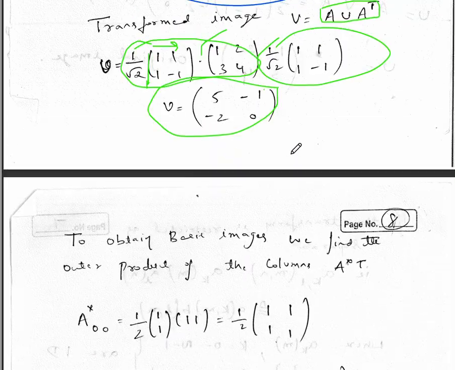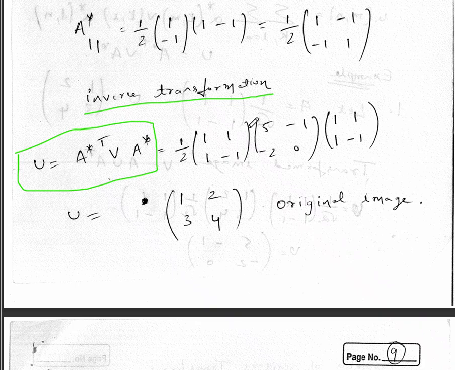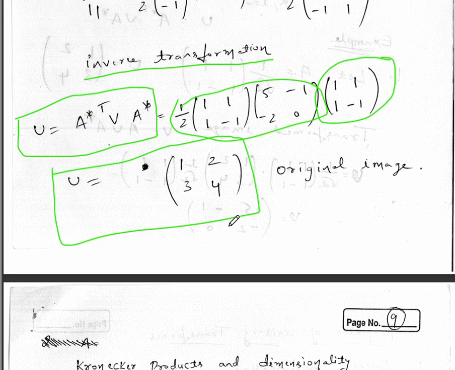V is already obtained here, that is [5 −1; −2 0], and then replace A star, which would be [1 1; 1 −1]. When you multiply the first two terms you'll get the product. After that multiply the same product with [1 1; 1 −1], and you'll get back the original image. So U equals [1 3; 2 4]. This is the original image.